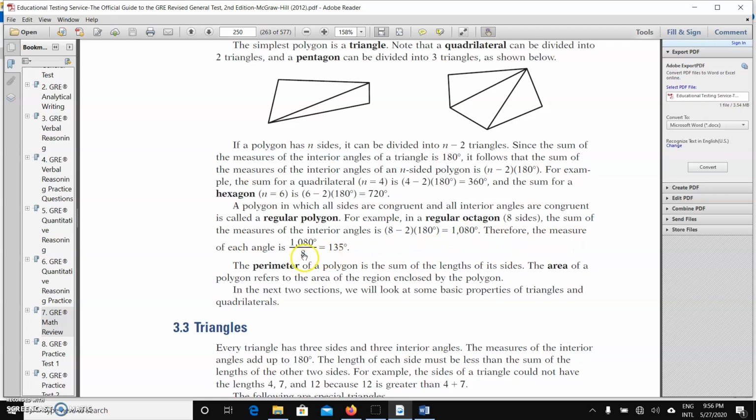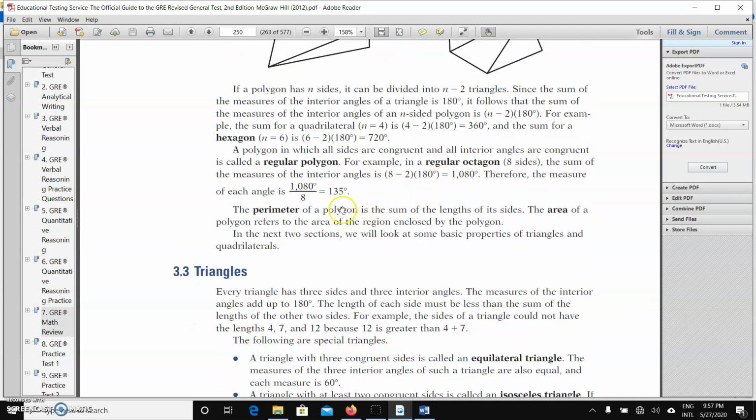So if you measure each angle, that will be 1080 divided by 8, which gives us 135 degrees. Each angle has 135 degrees. That is why it is regular, because the angles are the same. Each angle has its own degree, and they are the same. So that's why it's regular.